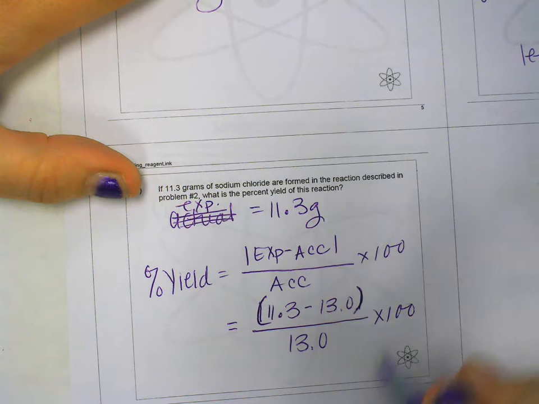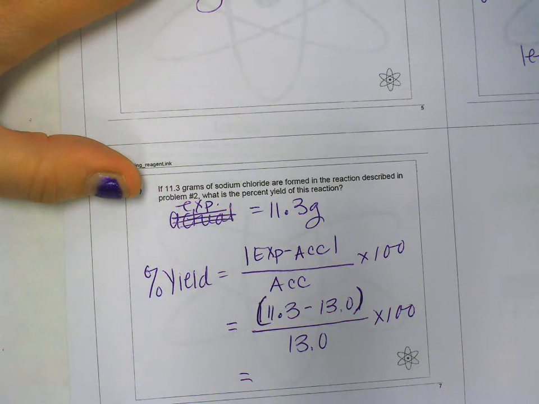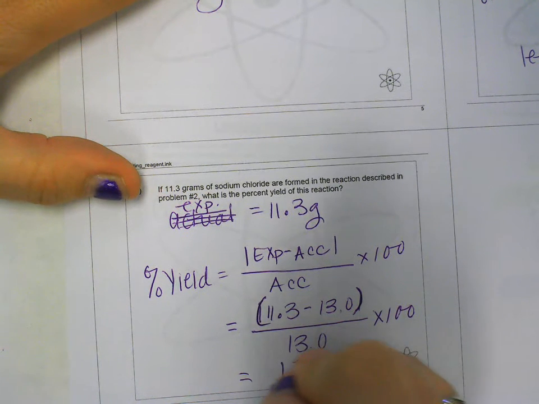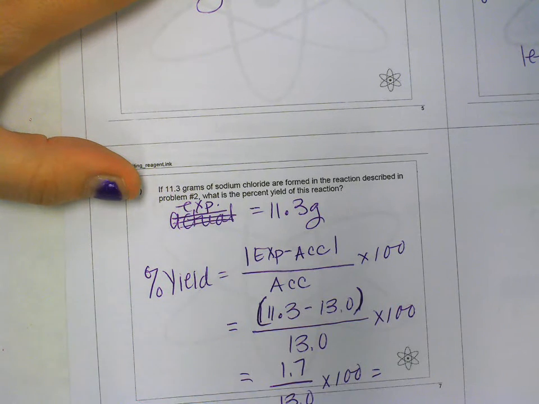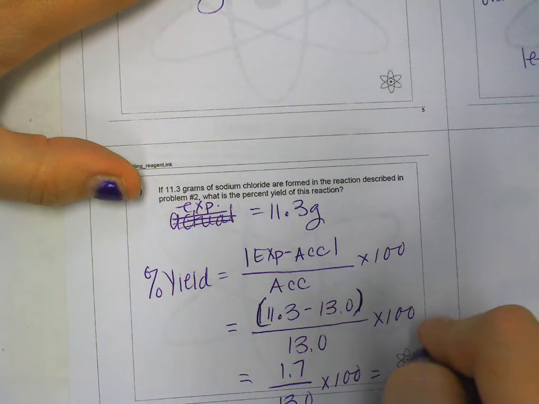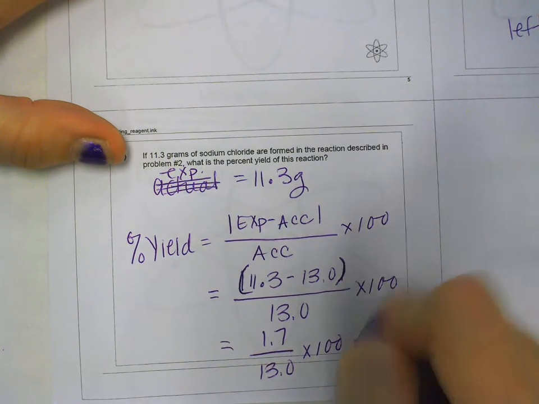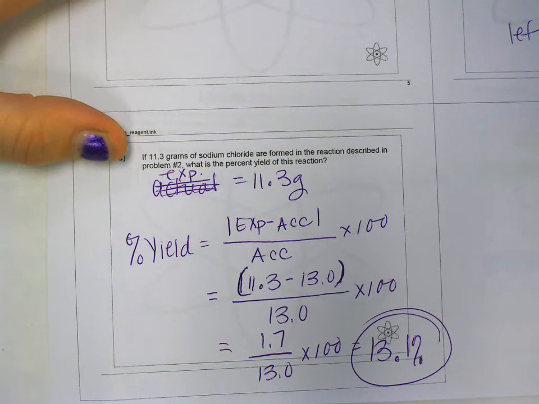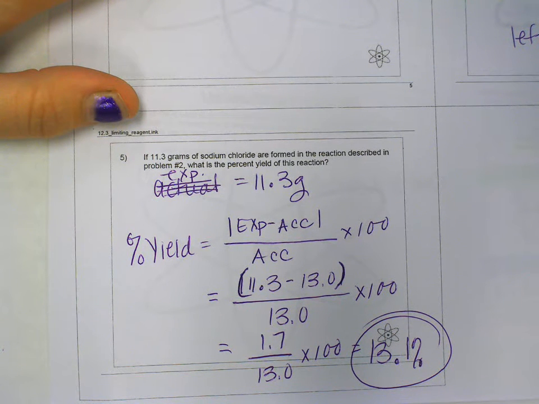So I have 11.3 minus 13.0 equals 1.7 divided by 13.0 times 100. I get 13.1%. And that is my error, how far off I was from what I should have gotten when I got 11.3.